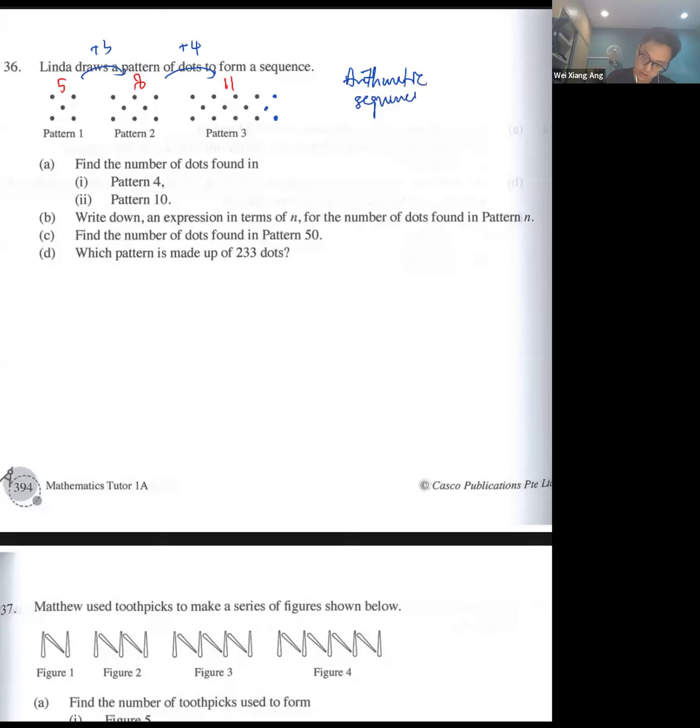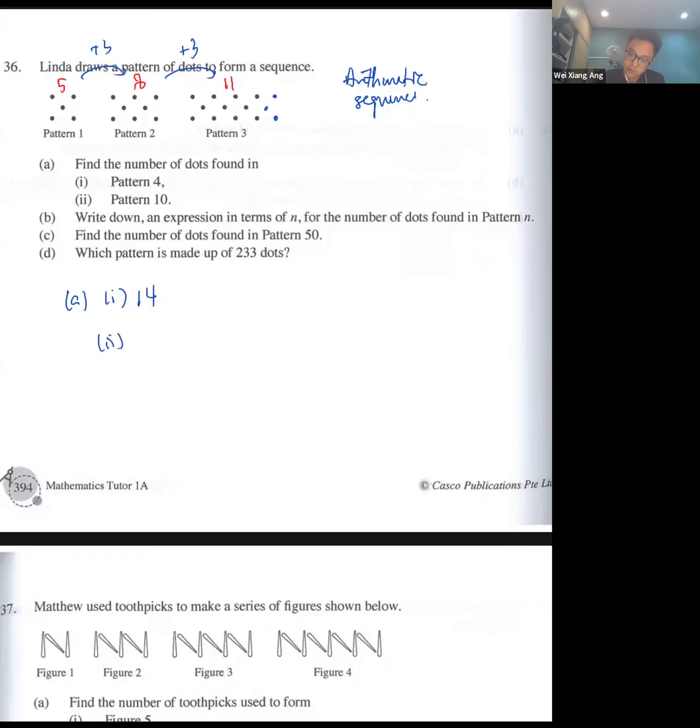Part A is pretty simple already lah. So pattern 4 would have 11 plus 3, which is 14. Then pattern 10, maybe you just count on.